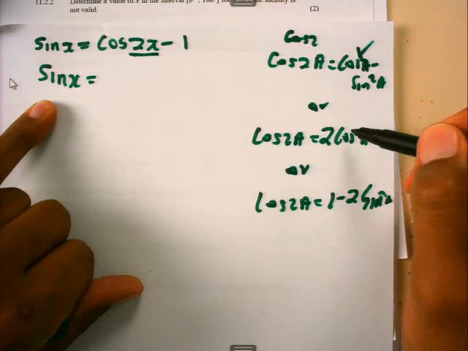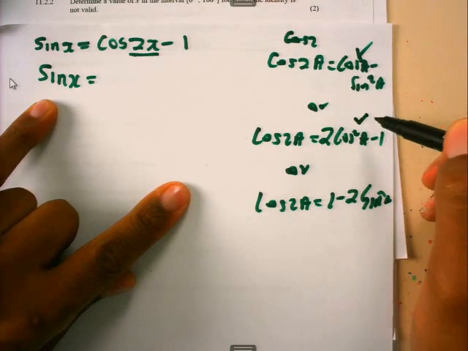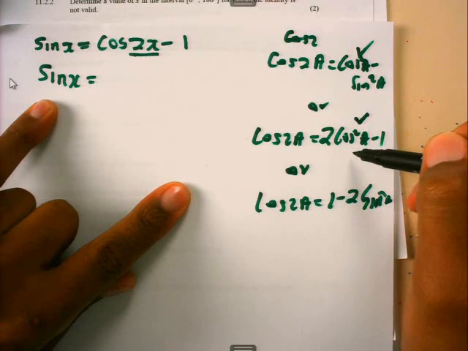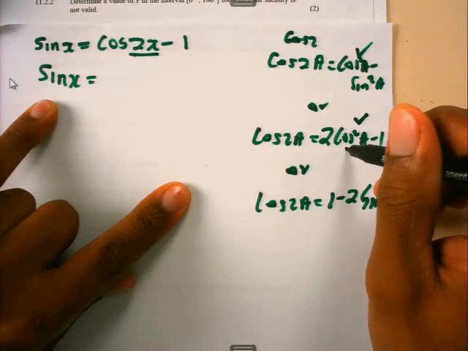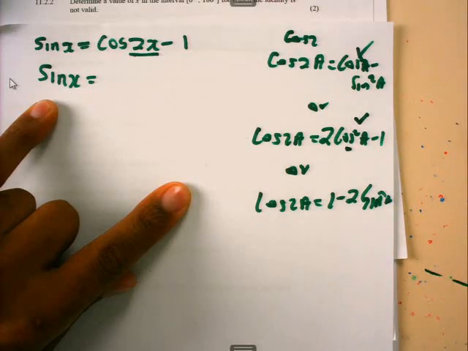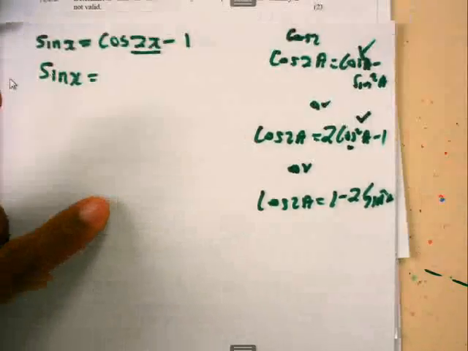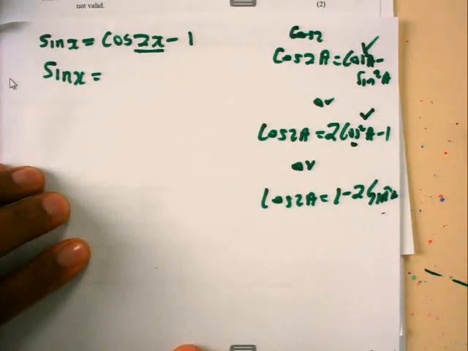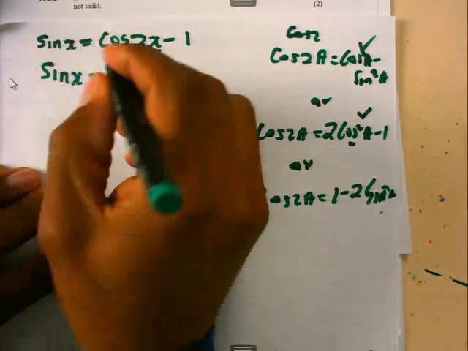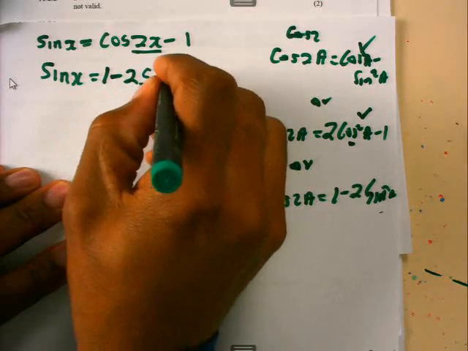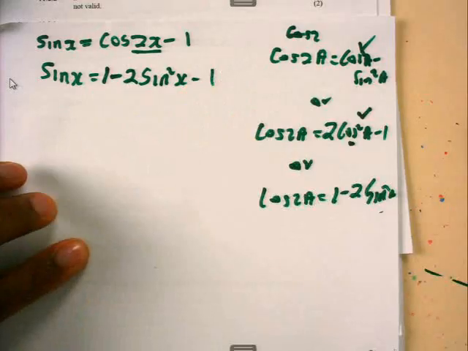When I look at the second one, I'm also not going to use it. Why? Because that is 2 cos. There is still cos in that one. Of course, if you use this one, remember you still have to go another way to change the cos. But I can use the third one. Why? Because it's only sine there. Then it means this one I can say is the same as 1 minus 2 sine squared x minus 1.